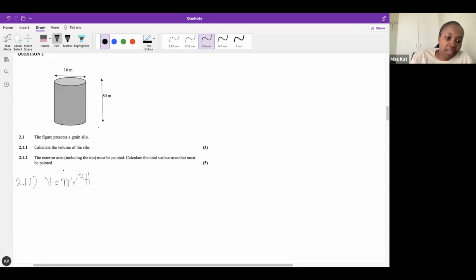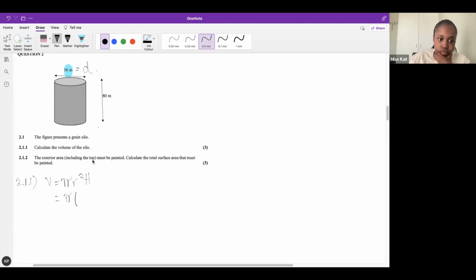So V is equal to pi times 16 squared times 80. Be careful, 16 is the what? Is it the radius? It's the diameter. So then the radius would be how much?